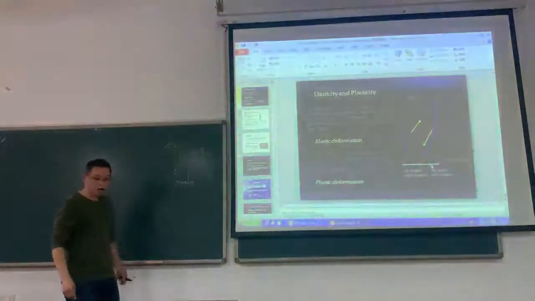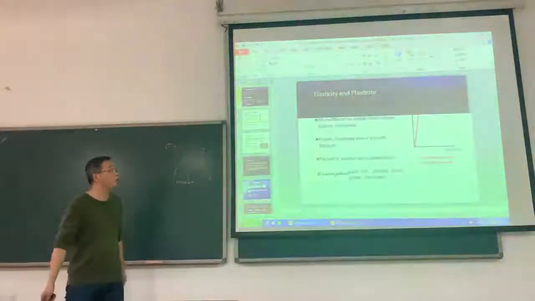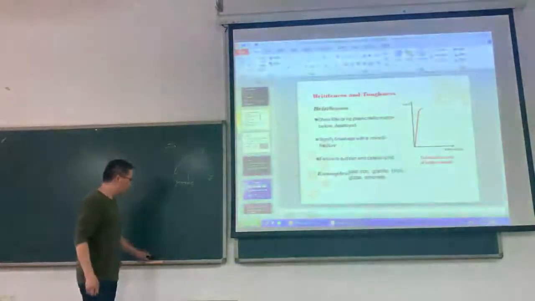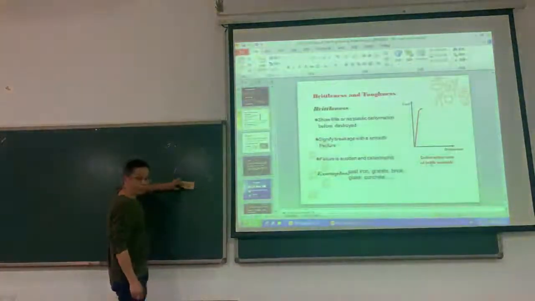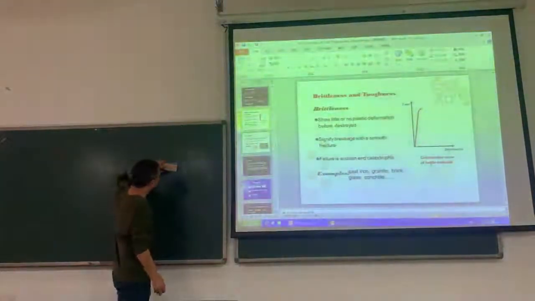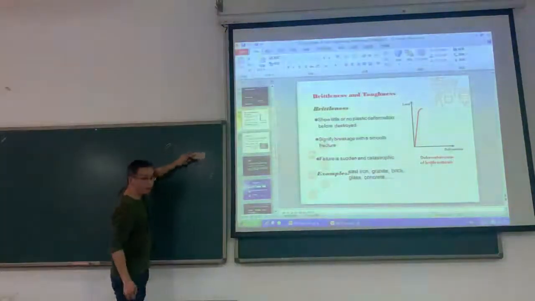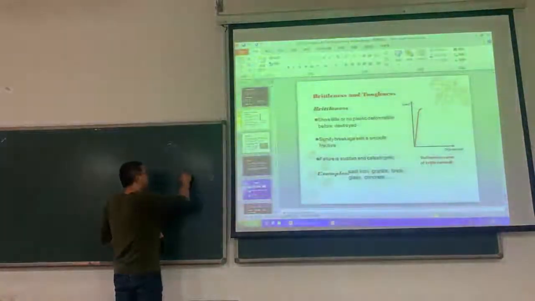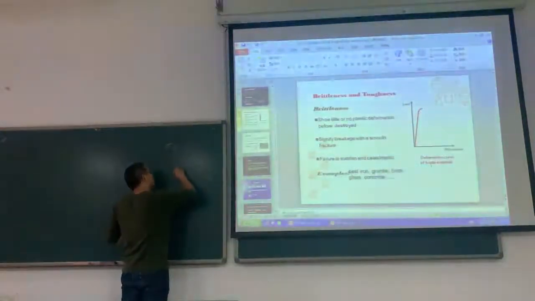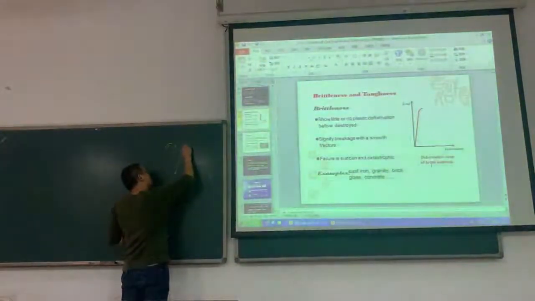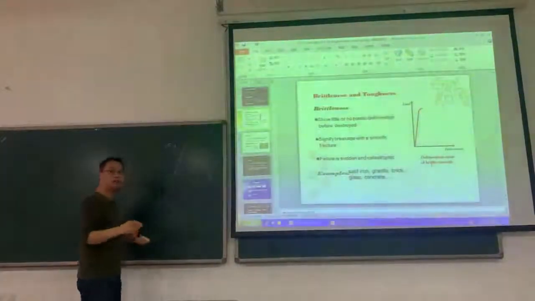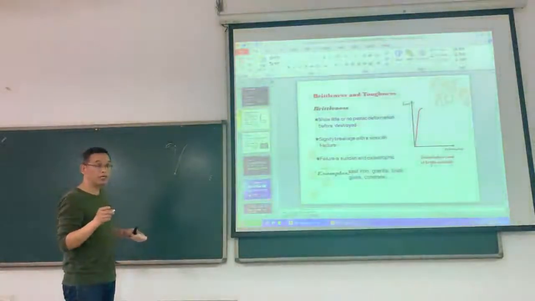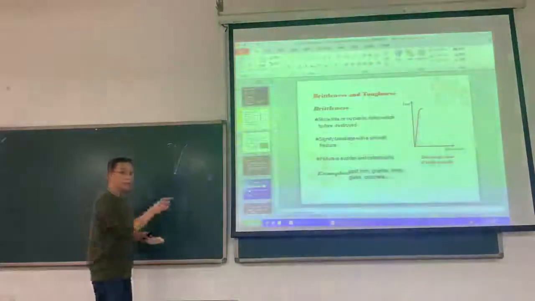So basically, elasticity. And then what is brittleness and hardness? For the brittleness, it means the strength is very small. And when the load is up to maybe the limiting load, the break will happen.